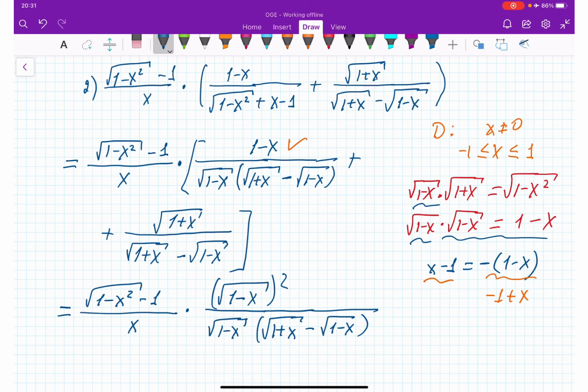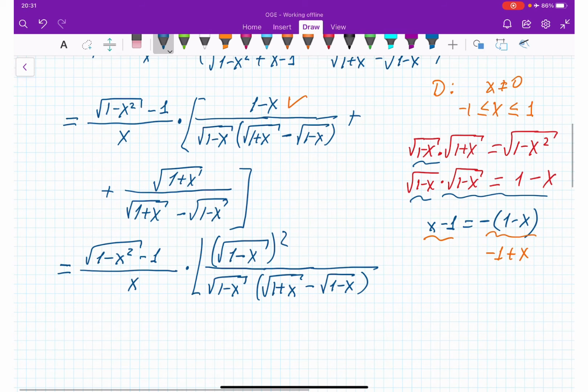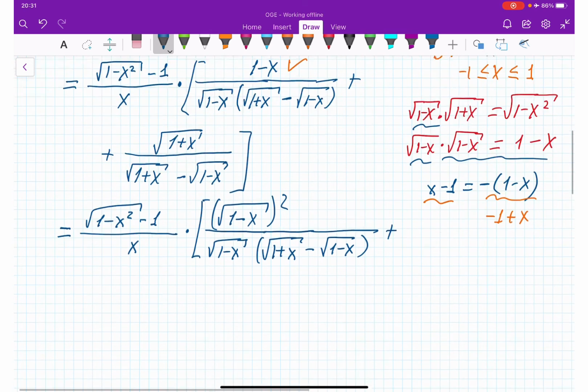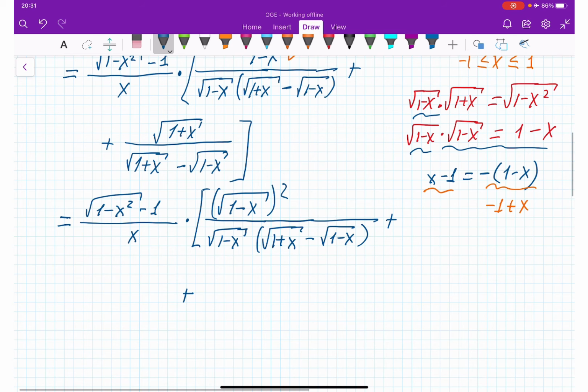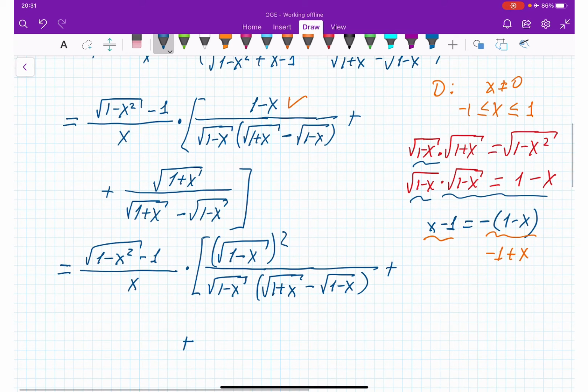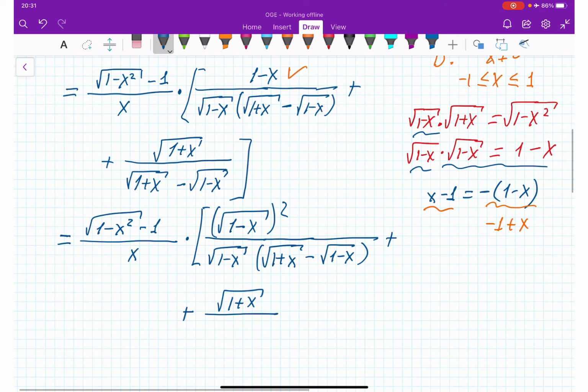Okay? And plus, it's going to be square root 1 plus x, and in the denominator we will have the same thing, square root 1 plus x minus square root 1 minus x.